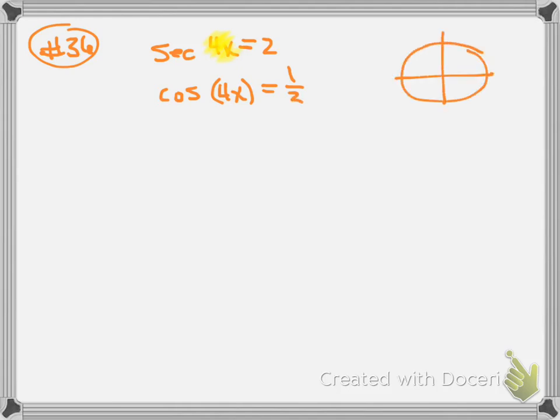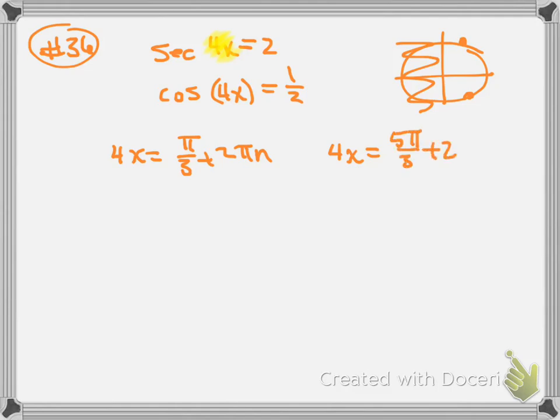So when is cosine positive and when is it a half? So it looks like we'll be right there and there. So I will say 4x equals pi over 3 plus 2 pi n, and it looks like I have 4x equals 5 pi over 3 plus 2 pi n.